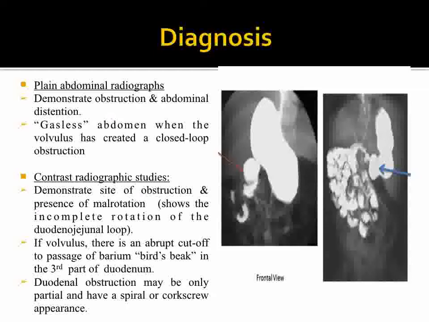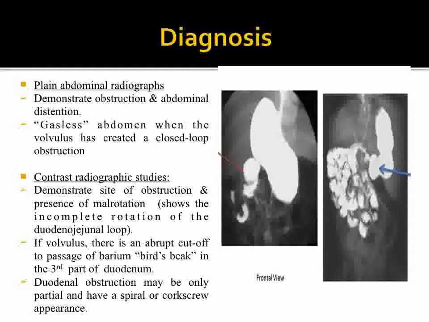So a gasless abdomen in a case of suspected malrotation indicates that volvulus has occurred.